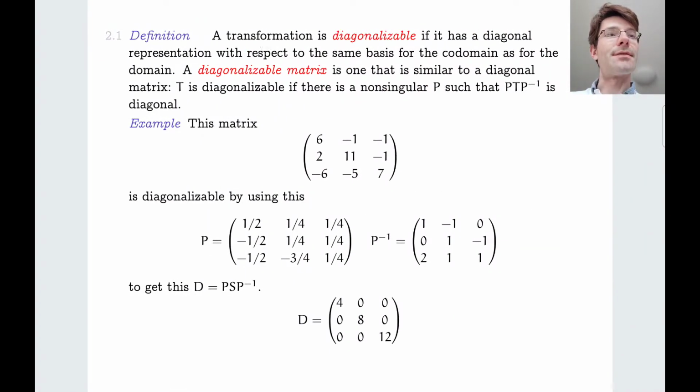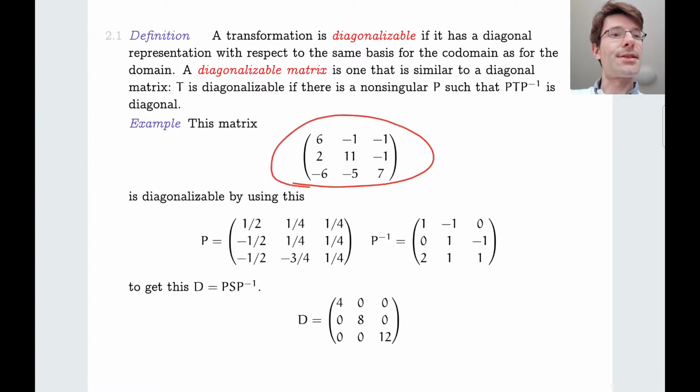We call a transformation diagonalizable if it has a diagonal representation with respect to some basis. We will always use the same basis for the codomain as for the domain. And a diagonalizable matrix is one that is similar to a diagonal matrix. Here's an example.